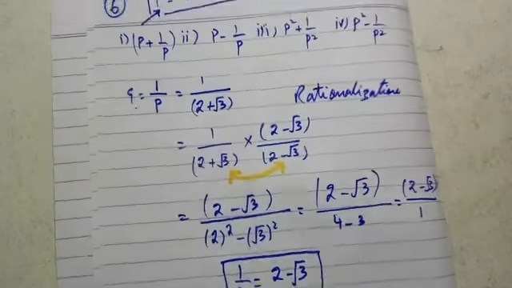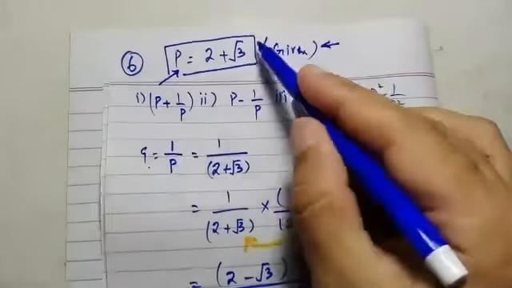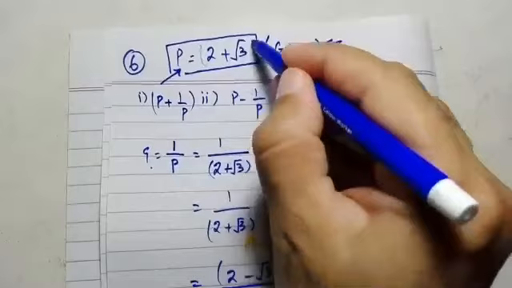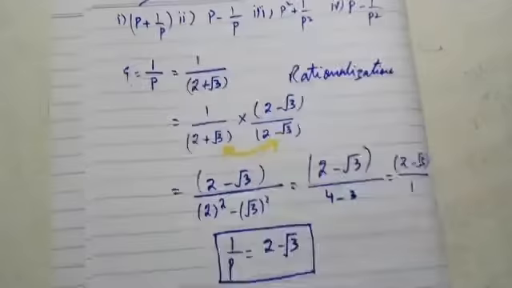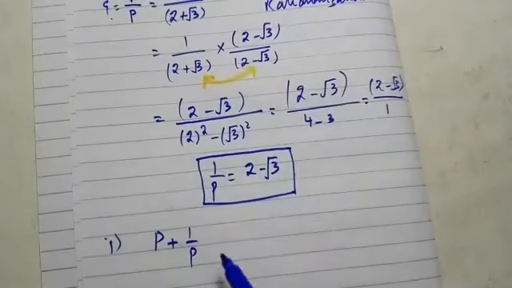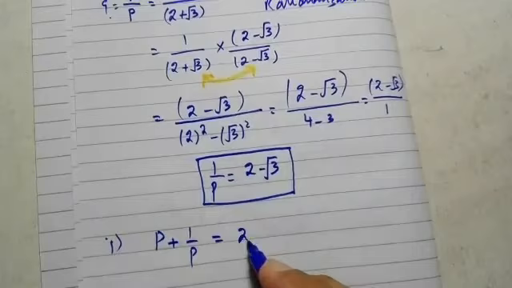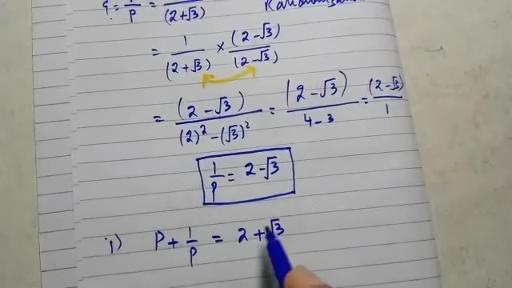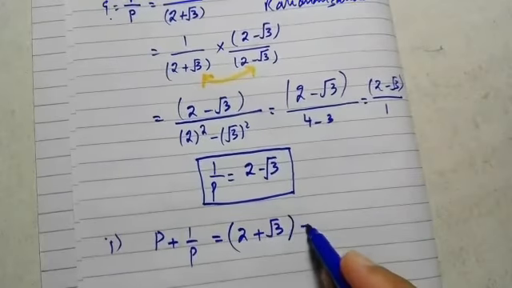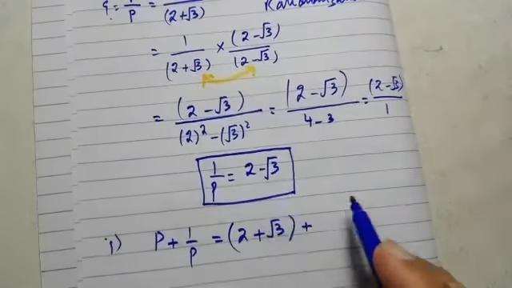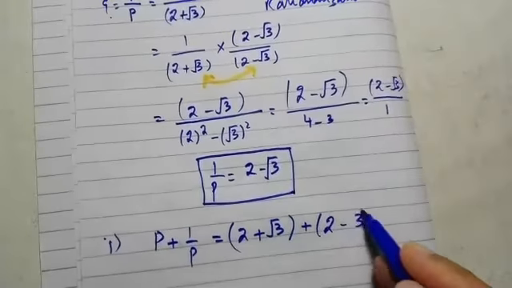In the beginning of the question, p is already written as 2 plus under root 3, so I substitute this value in front of p. And 1 over p we have just calculated above, so substitute here 2 minus under root 3.